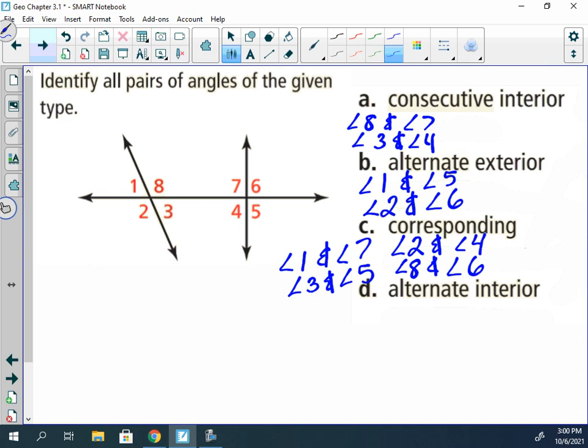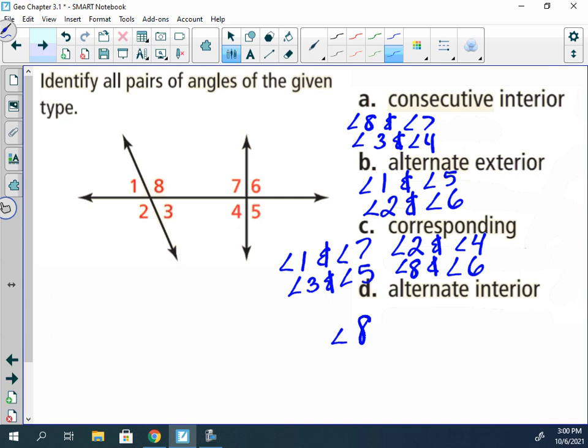Because they're just matching up. 1 is above and to the left on the other line. 7 is above and to the left. 2 is below and to the right. 4 is below and to the right. 3 is below and to the left. Well, 5 is below and to the left. And lastly, 8 is above and to the right. So 6 is above and to the right. They match up.